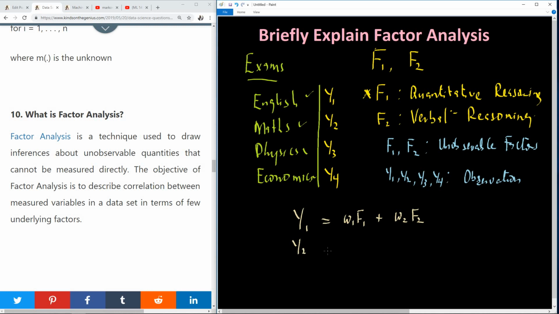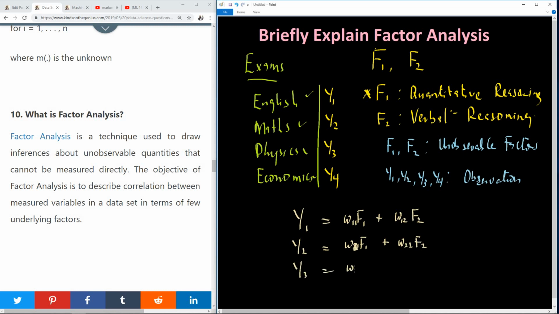In the same way, Y2 relates to F1 and F2. Let's use subscripts, so W11, W12. In this case we have Y2 equal to W21 F1 plus W22 F2.